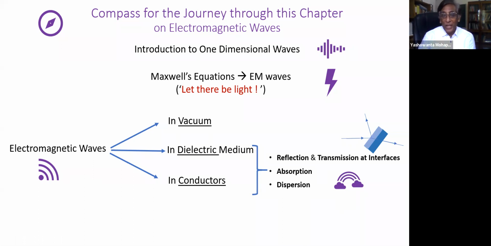Then you get into RF, and so on and so forth. So the range of phenomena of electromagnetic waves is very wide. This chapter is supposed to become the basis of all that, and interaction of light with matter to some extent.